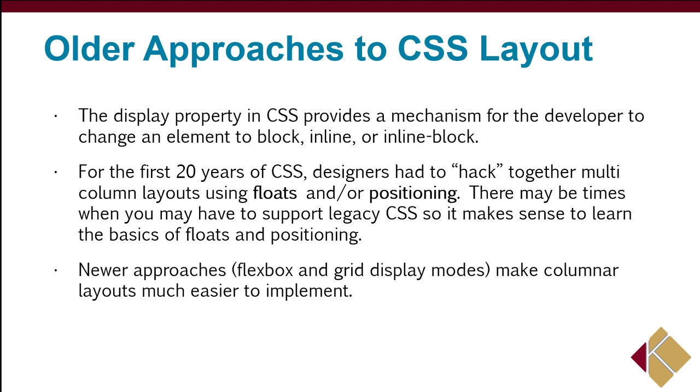So how did CSS used to work? Again, we kind of briefly mentioned this last term. The way that CSS used to work was we would use a display property, and that would either be block, so it's a block of content, inline, which means that it flows in line with other content, or inline block, which means it would flow in line as a block of content. What those specifically mean, you don't really need to know.